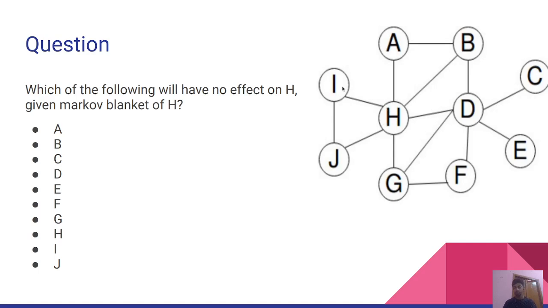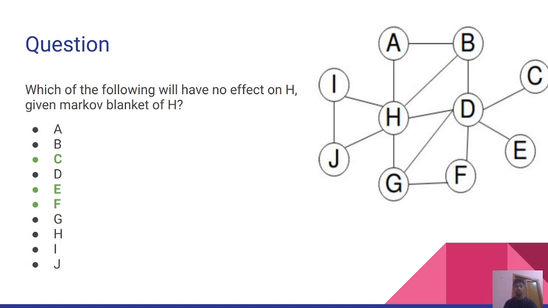I is also a direct neighbor, so this is also under Markov blanket, and J also under Markov blanket. So the only correct answers are C, E and F. Okay, yeah, C, E and F.